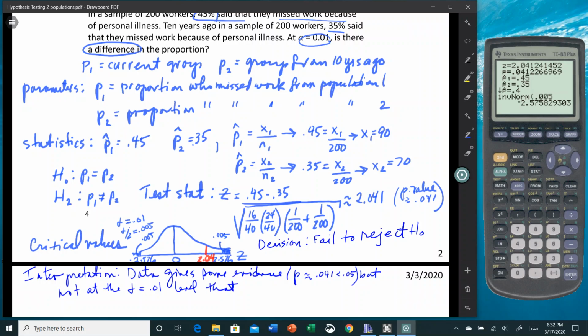So the data gives some evidence, but not at the alpha equal to 0.01 level, that there is a difference in the two proportions.